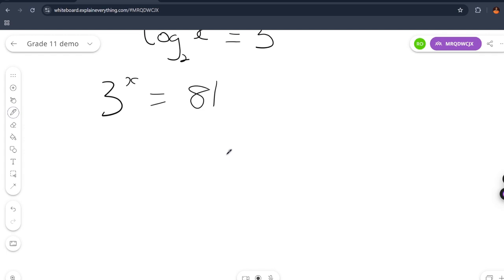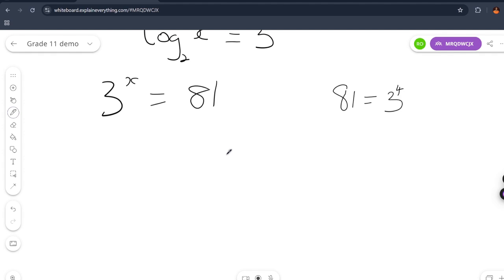You see that they have different bases: the base of this is 3, but this is just a whole number. 81 is a multiple of 3, so it can be expressed as 3 raised to some power. 81 is the same as 3 raised to the power 4, because 3 times 3 is 9, 9 times 3 is 27, 27 times 3 is 81.